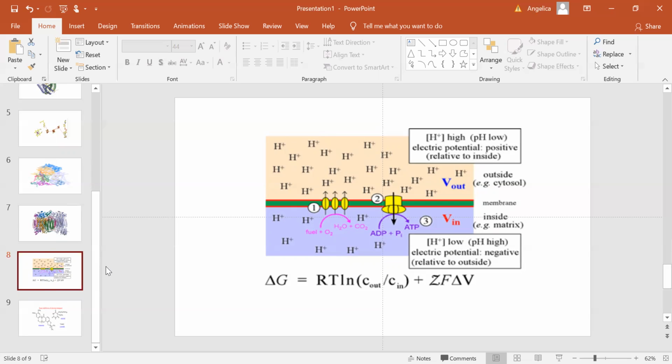The equation is an expression for the Gibbs free energy of the electrochemical gradient. The term ΔpH is defined as pH out minus pH in. The definition of pH can be used to write the first term of the equation as 2.3.